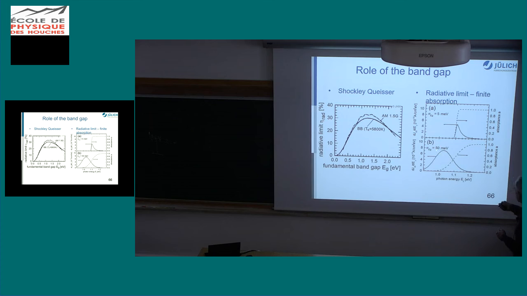So that's the width of the band gap, maybe 50 millivolts plus minus. And then you look at how your absorption edge looks like, and it's not very much of a step function. Even that is not a step function because there's a small scatter assumed in the band gap energies. But it's pretty close to the step function.